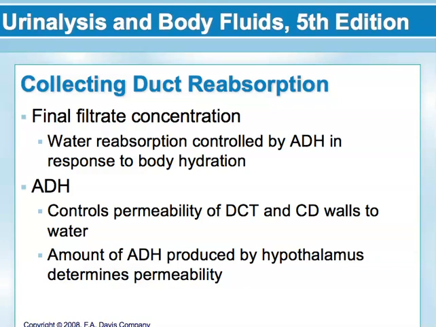But when the body is hydrated properly, ADH production is down, which renders the walls impermeable to water, meaning they're not going to reabsorb water because the body doesn't need it. So that's going to result in a large volume of dilute urine.